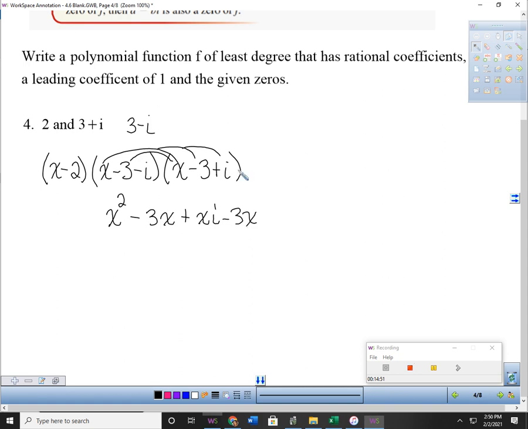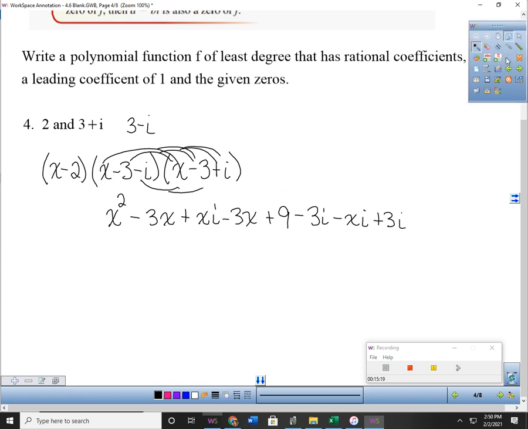Negative 3 times negative 3 is positive 9. And negative 3 times I is negative 3I. And then we do the negative I times x is negative xi. Negative I times negative 3 is positive 3I.